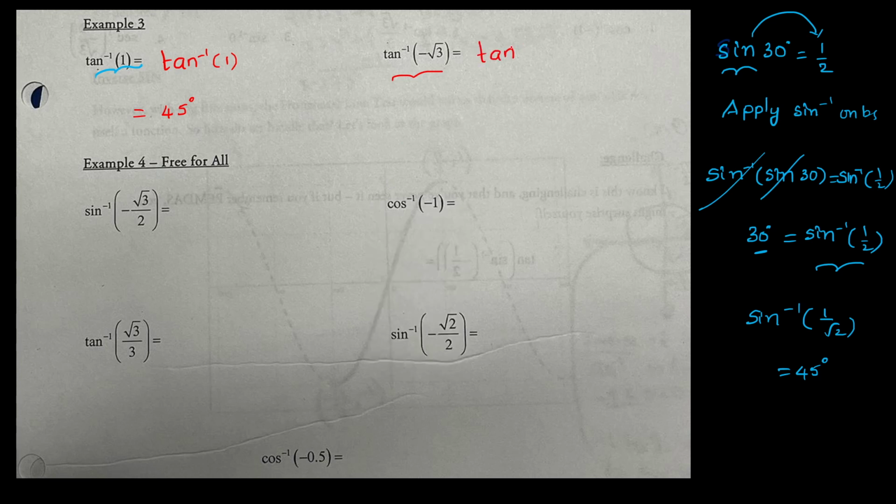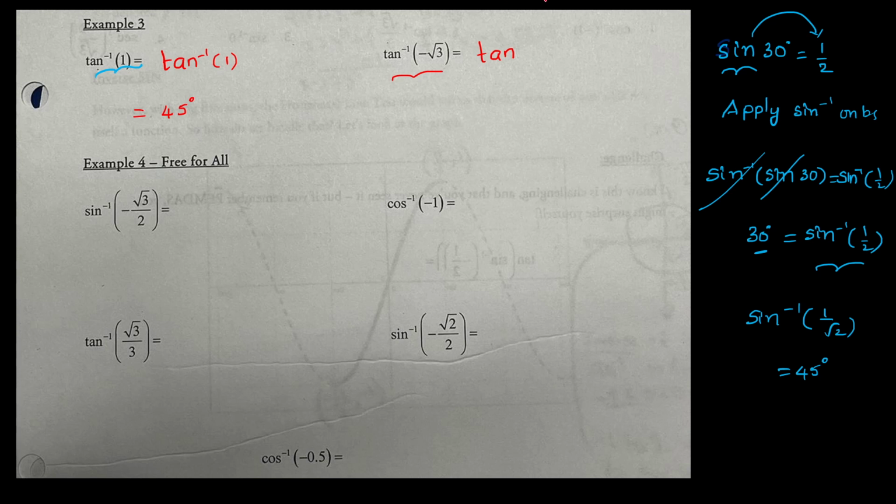See, this thing can be written in two ways. As I told you yesterday in yesterday's class, except cos and secant, the remaining are all odd functions. That means the minus symbol will be carried out. For example, sine of minus x will be minus sin x, tan of minus x will be minus tan x.